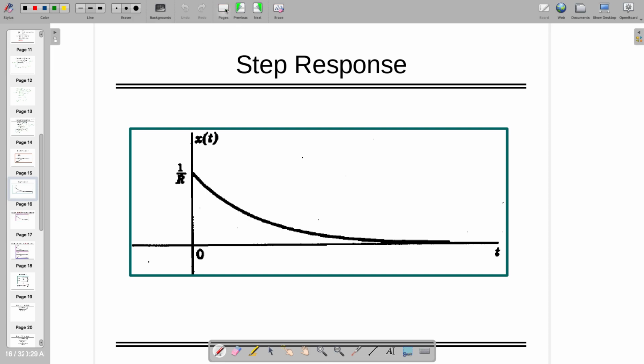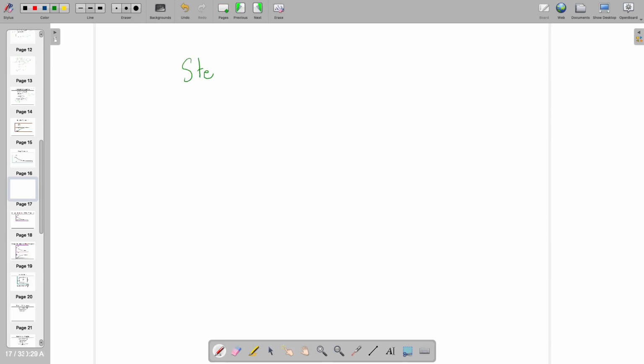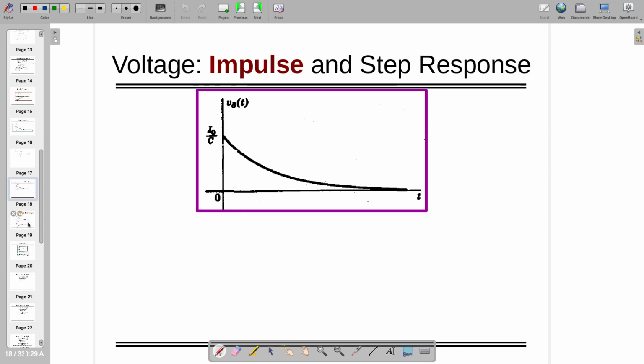What is the difference between step and impulse? So step response is u of t. If you take the derivative of this one, you should get the impulse response, right? In terms of time. So that is what you need to do.